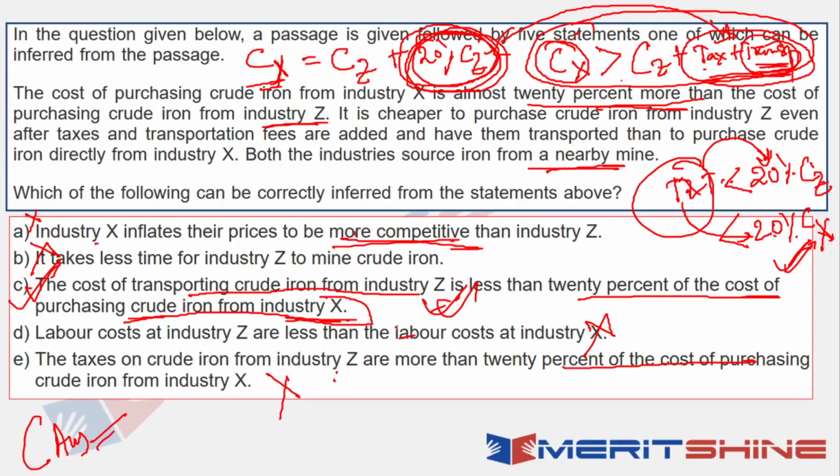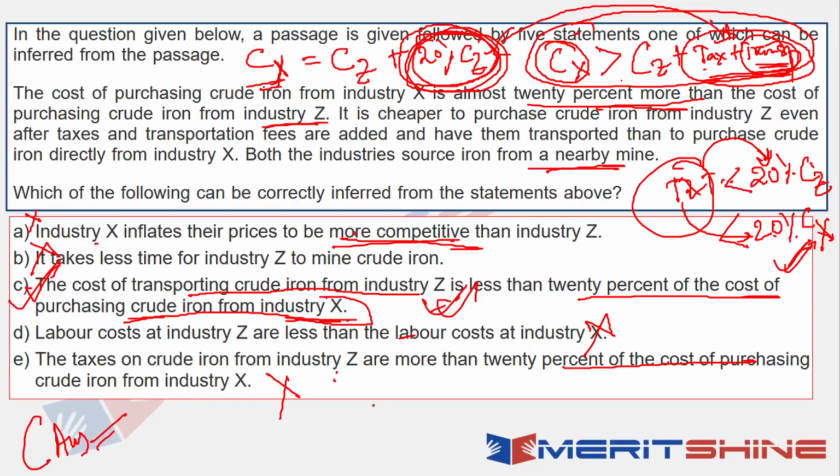You could have done it through making these formulas or equations, or you might not have done it through equation. Just by understanding it, you could have done it, because if you had understood it, what would have been that cost of iron from X is more by 20% of cost of iron from Z. Okay, at least more by 20%. So therefore, if I say that cost of iron from X is more than cost of iron from Z, then it would not be wrong. Okay, then we add to cost of iron from Z tax and transportation.